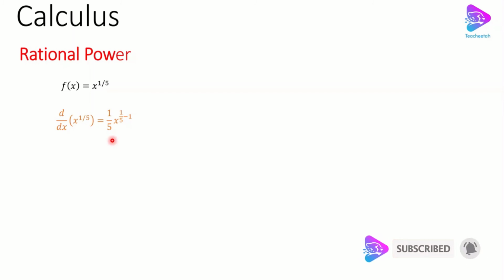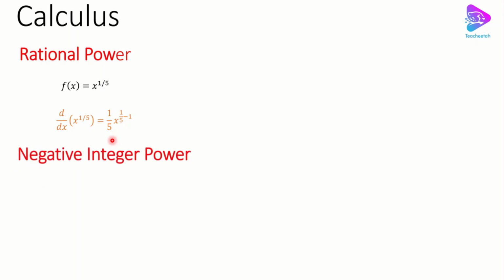The other case that we can look at is a negative integer power. As you see in here, we have the function f of x equals x to the power of minus 2, and in order to find the derivative of this function, again we need to use the power rule.